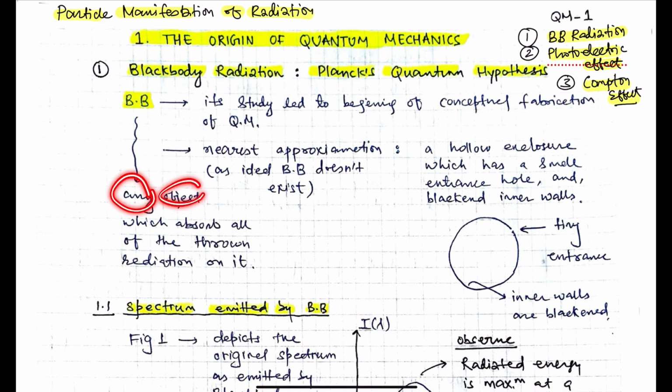Any object which absorbs all the radiation thrown on it is called a black body. Additionally, I would like to clarify that in thermal equilibrium, it not only absorbs but also emits all the radiation thrown on it.